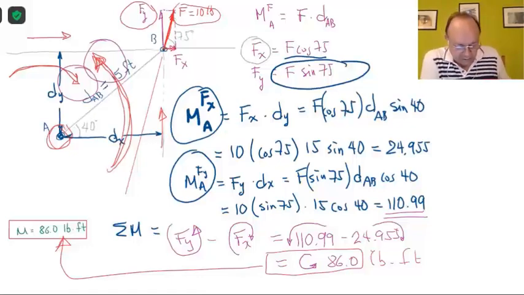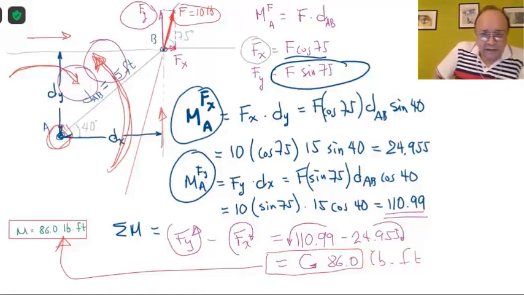So in this case, let's say this is the xy plane. The moment is a vector in the direction perpendicular to the plane that contains the force and the point, and it goes in the direction given by the right hand rule.